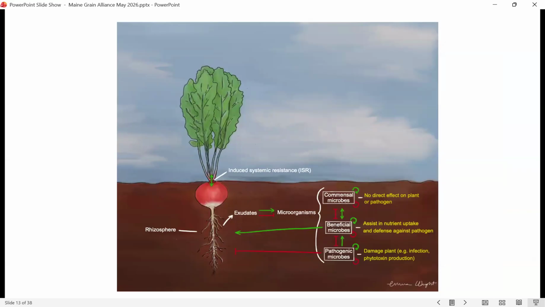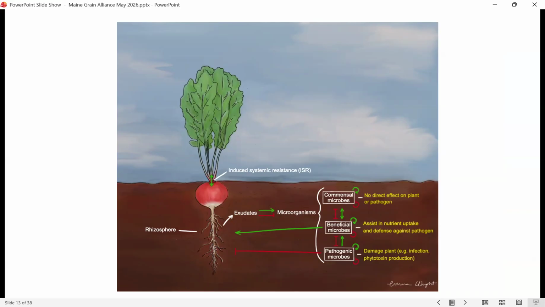As plant roots grow, they're leaky, and they exude amino acids and sugars. This provides a lubricant for the roots to penetrate into the soil. So that's why the plant's doing it, but these also end up being food for the microorganisms around there. So that's why they're concentrated there.